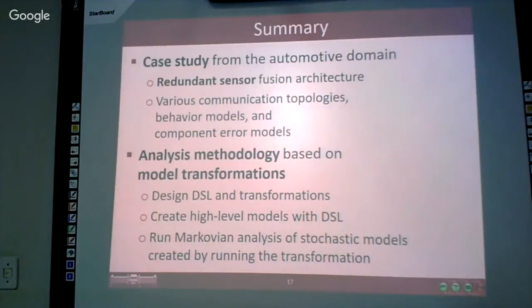So this is a case study where we used architecture modeling, software modeling, model transformations and analysis. And by combining all these technologies, we could save huge money for a company. So that is what I wanted to show you.